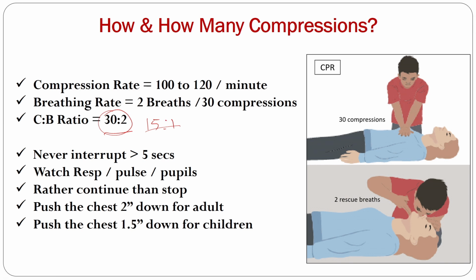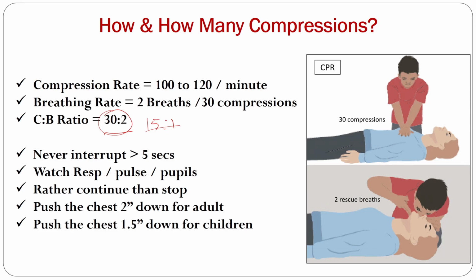Never interrupt, at least for the first 5-7 minutes, not for more than 5 seconds. Every time somebody will watch pulse, respiration and pupils, but this should not stop your CPR.